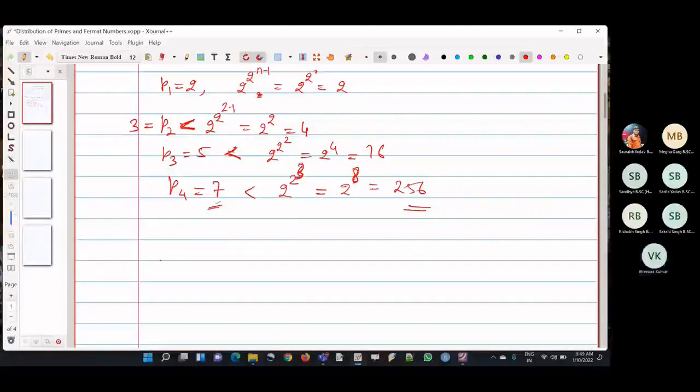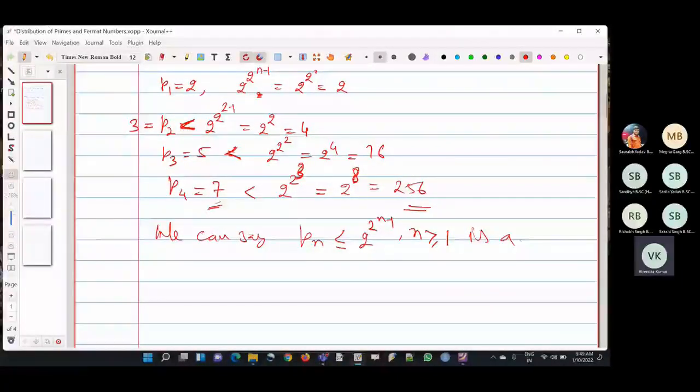We can say pn is less than or equal to 2 to the power 2 to the power n minus 1, where n is greater than or equal to 1, is a very weak estimation.